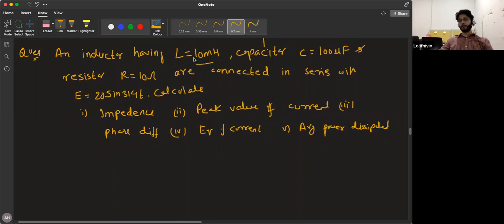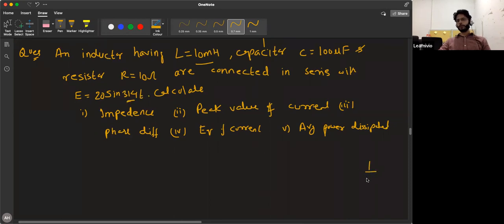First, convert this millihenry to Henry, and capacitor, convert this micro to farad. Actually, it's 10 millihenry, the inductor. So just remove milli, remove micro from here. And this is your omega, 314.